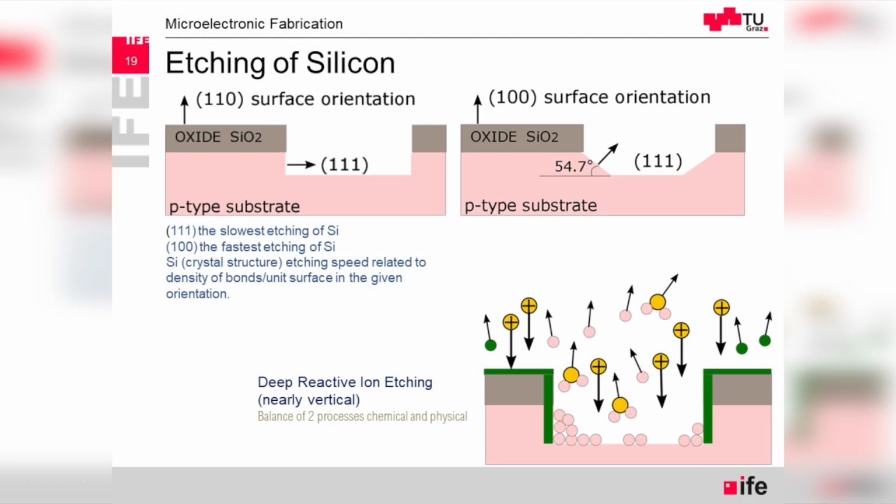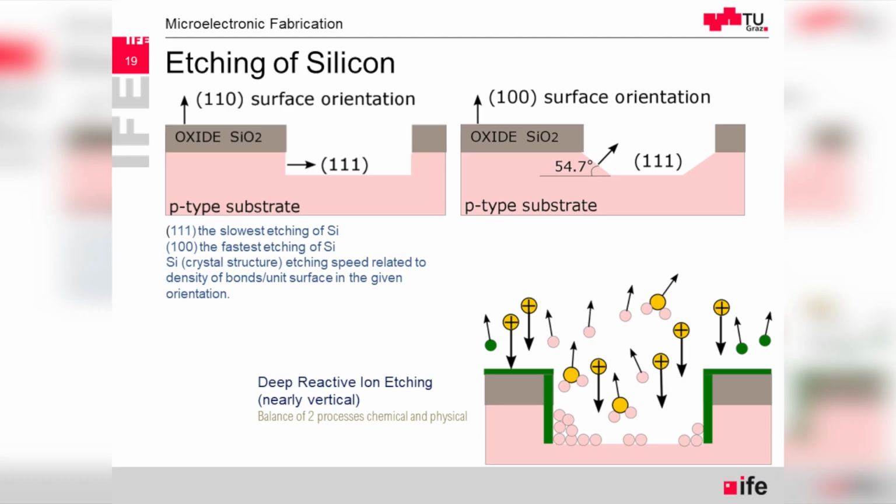Another phase that is used in this deep reactive ion etching process is introducing of a different gas in a separate phase, which is forming this layer shown in the green color. So it's a Teflon-like layer which protects the surfaces and the top of the chip or of the wafer from being too much damaged.